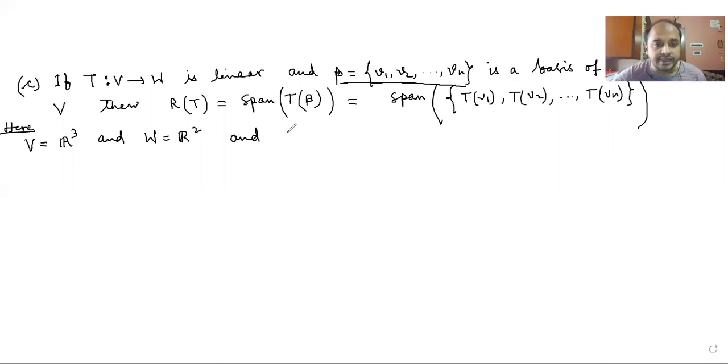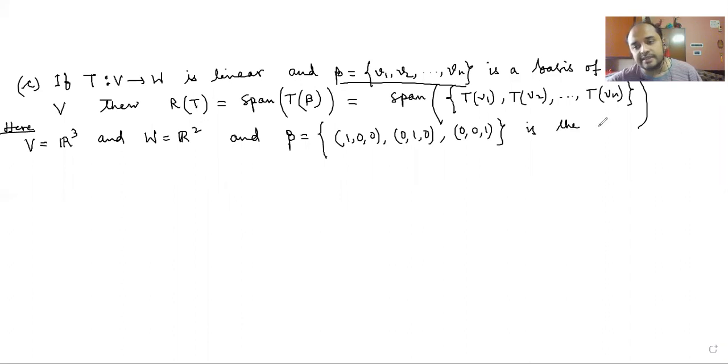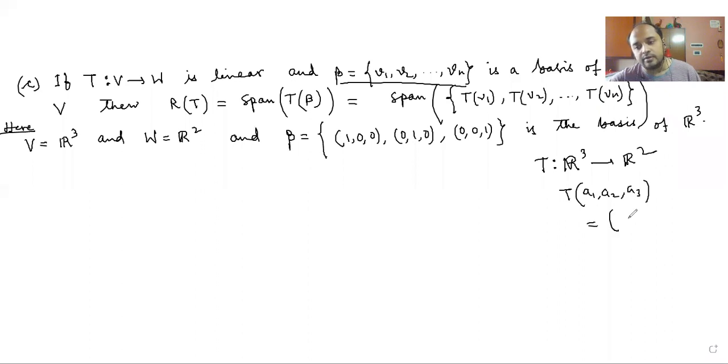And β = {(1,0,0), (0,1,0), (0,0,1)} is the basis of R3. And the transformation T from R3 to R2 is given as T(a1, a2, a3) = (a1 − a2, 2a3).